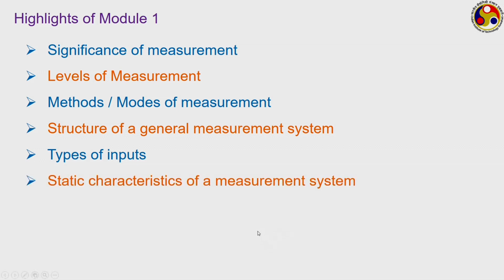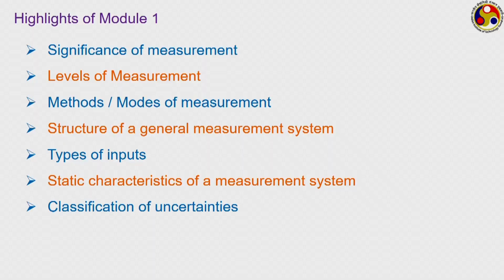We have talked about the static characteristics of a measurement system. Several static characteristics have been introduced, with resolution and linearity generally the most common ones, and something I forgot to mention, hysteresis, one property which is associated with a random error. So, that is another static characteristic which can lead to some error in the measurement. Dynamic characteristic is something that we shall be discussing next week as a part of module number 2.